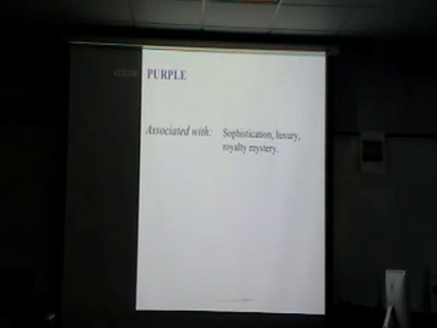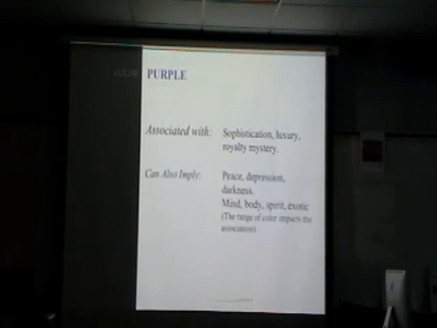Purple is royalty. We know this, we use this, we see it. We can also indicate an era of sophistication or luxury. We see purple also being used in the pasta aisle. Again, similar to blue, because they are quite close on the color wheel, depending on the tone or the value of the color, we can go from depression to peace.